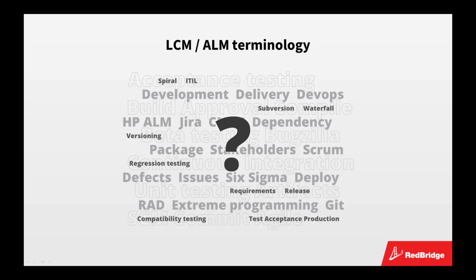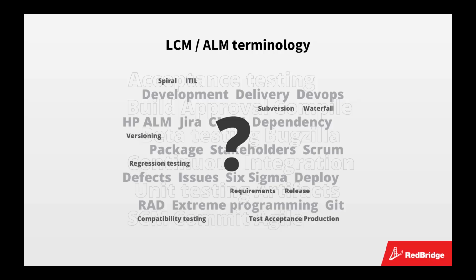Let's first reassure you, we fully appreciate how confusing the terms ALM and LCM are. ALM is the commonly used term that stands for Application Lifecycle Management. Oracle, however, refers to it as LCM, Lifecycle Management. As we at Redbridge develop solutions for Oracle products, we decided to also use the term LCM.